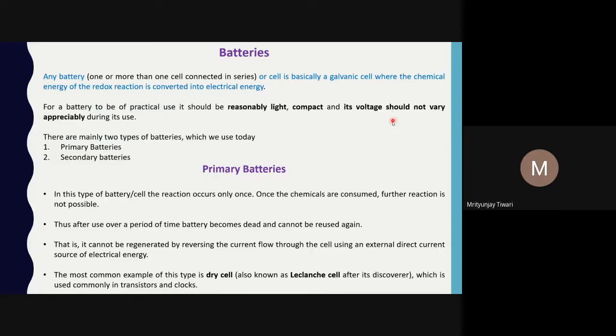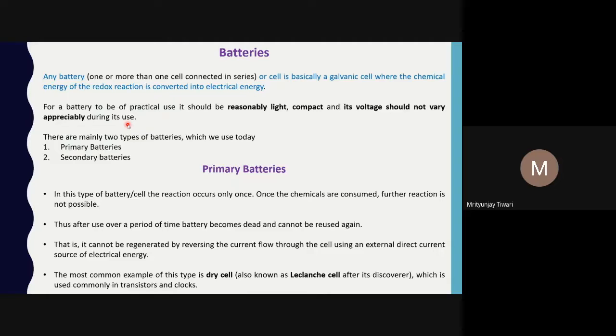We know why: suppose you want to drive a bike on a battery and its voltage is not constant. If the voltage is very high, even a slight change in the accelerator will make the speed more, and if the battery is low, you will get a different effect.